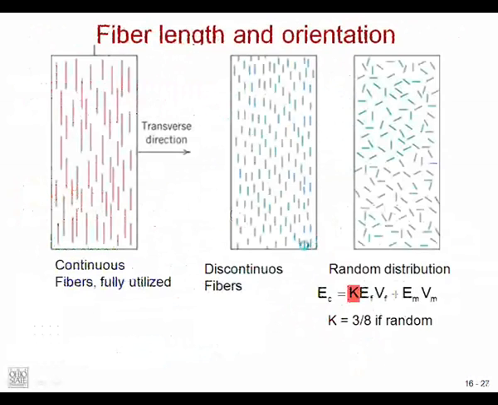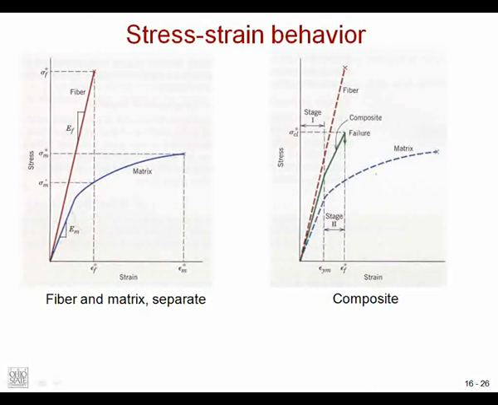Okay, so another point here, the stress-strain curve ends up somewhere between the two. So again, we're going to end up somewhere between the two, and we have a pretty sudden failure point because once the fibers fail, they're not bearing the load anymore.